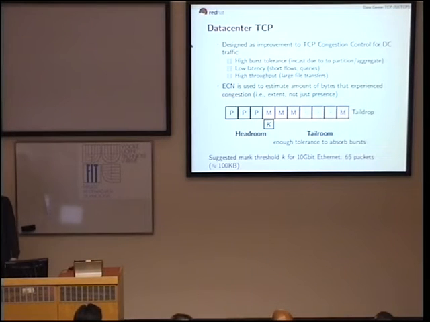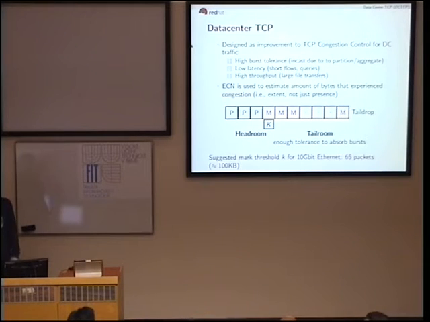The second one is you want low latency, because you might have search engine queries or some other interactive request-response type things that you want to be resolved as soon as possible without delay. On the other hand, you always have the requirement that you also want high throughput, for instance, because you have some network attached storage system and that's also being used.